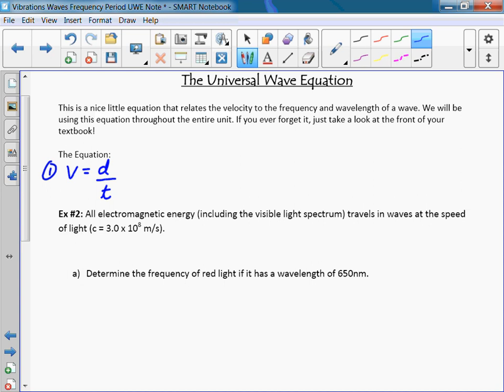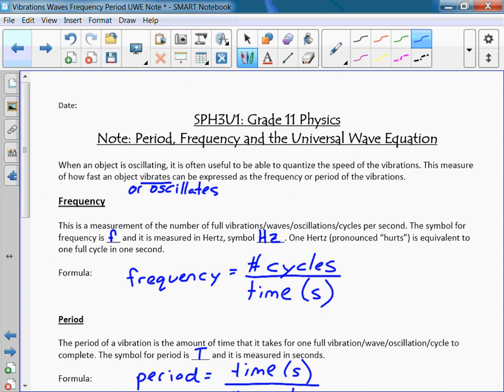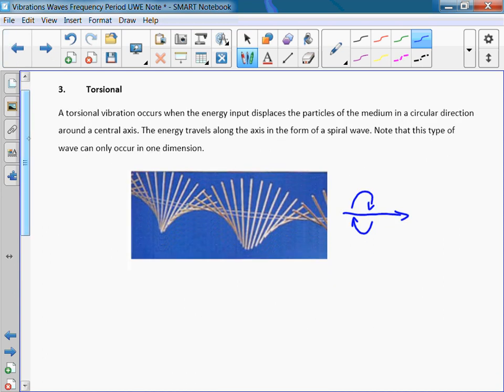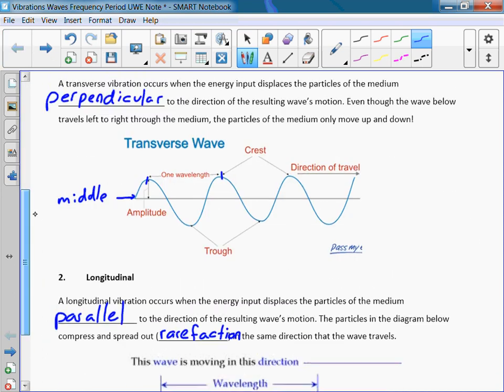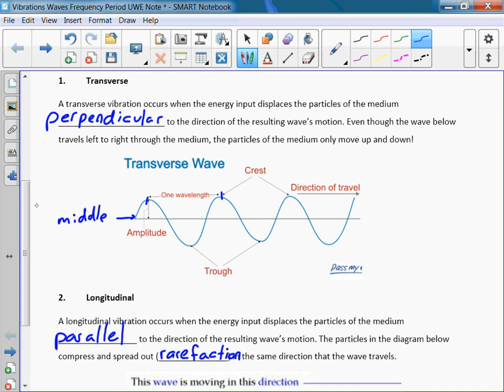If I sub in the distance being one wavelength, now wavelength is the symbol we use for wavelength. Going back to the previous note, wavelength is from peak to peak. That's one wavelength here.